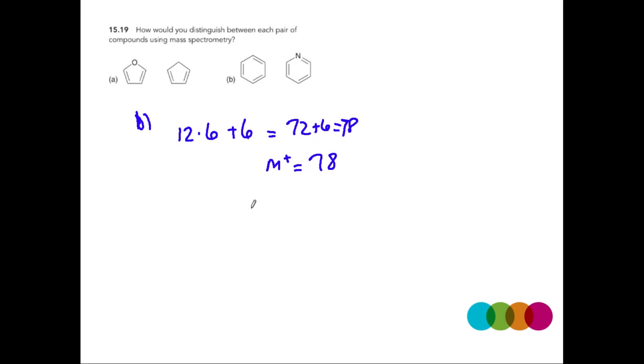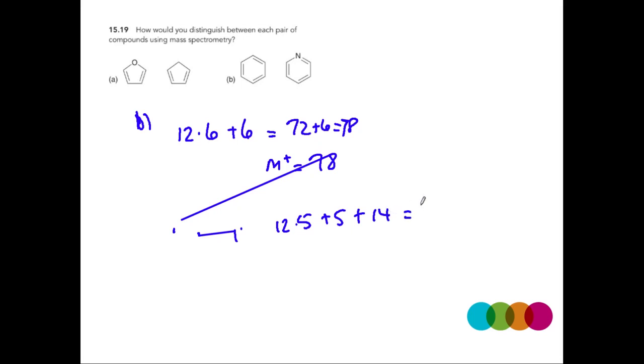Okay, so what about pyridine here? This molecule has 1, 2, 3, 4, 5 carbons. So that's 12 times 5, plus 5 hydrogens, plus the atomic weight for nitrogen, which is 14.